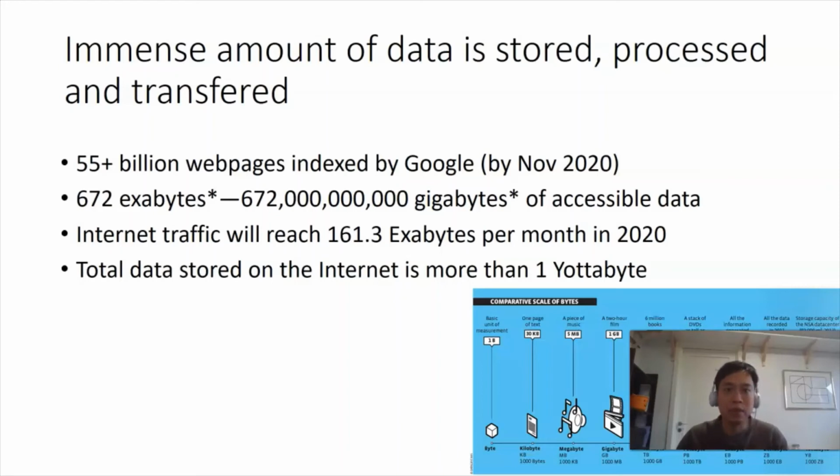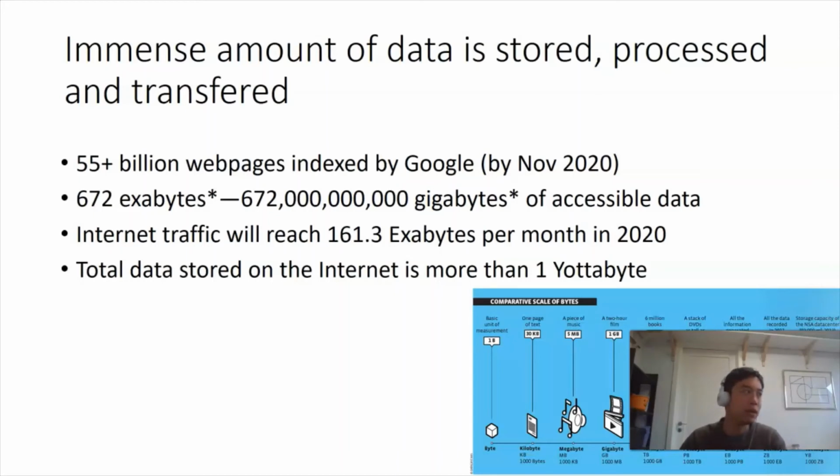Electricity is consumed due to the need of storing, processing, and transferring data locally and globally via the internet. Everybody knows the internet. Anytime you open your computer or mobile, 99% of the time you will be connected to the internet in some way, right?